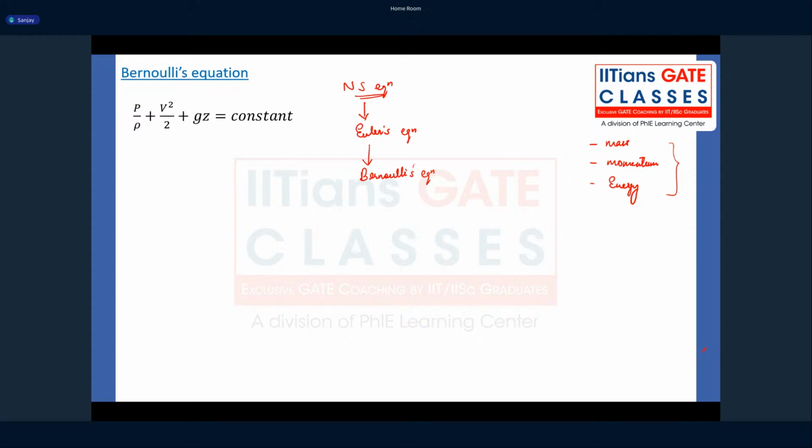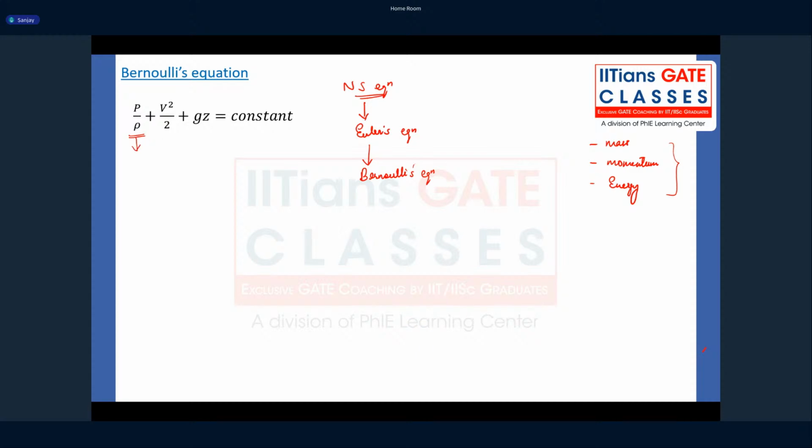So what does Bernoulli's equation say? It says that P by rho plus V squared by 2 plus gz is constant. Here the notations carry the usual meanings. P is the pressure, rho is the density, V is the velocity, g is the gravity, and z is the elevation. So P by rho is the pressure head.